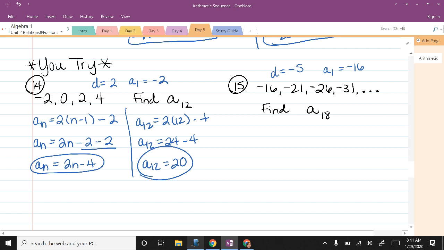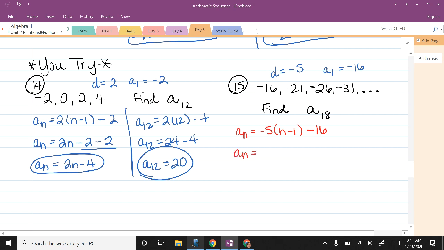All right, so do y'all agree on number 15 that D is negative 5 and A1 is negative 16? It's going down by 5. All right, so A sub n equals what's D? Negative 5 times n minus 1 plus negative 16, so I'm going to put minus 16. Y'all okay with that? And then I distribute.